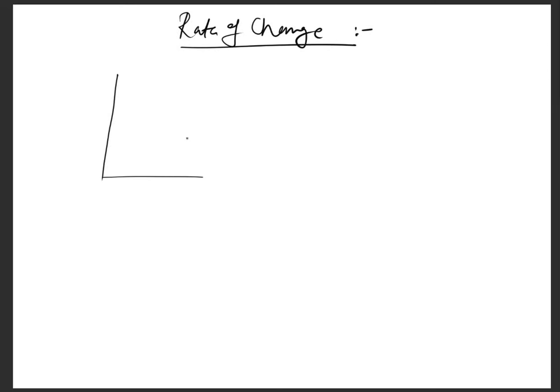So let us say we have a graph. And the simplest way to understand that is, let's say, distance and time. Time here, distance here. And let's say these are hours or minutes or whatever you want to take. 1, 2, 3, 4, 5.